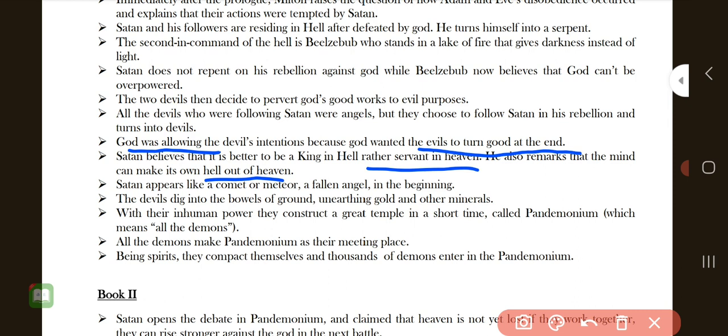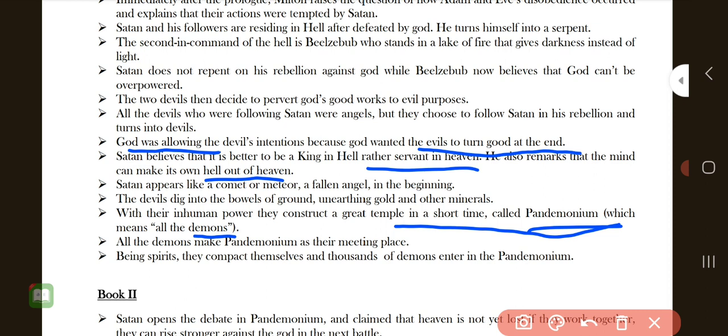Satan appears like a comet or meteor, a fallen angel in the beginning. The devils dig into the hills, unearthing gold and other minerals. So all the devils dig the ground for gold and other minerals, and then with their inhuman power they construct a great temple in a short time, which is known as Pandemonium, which means demons.